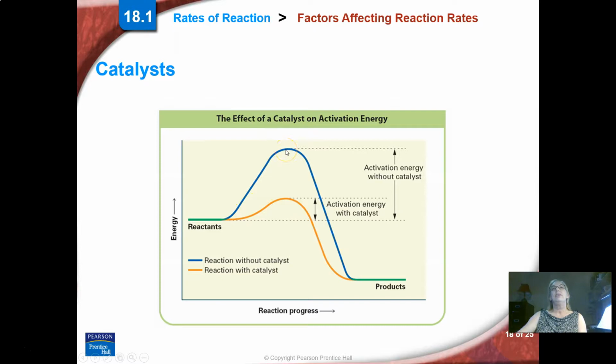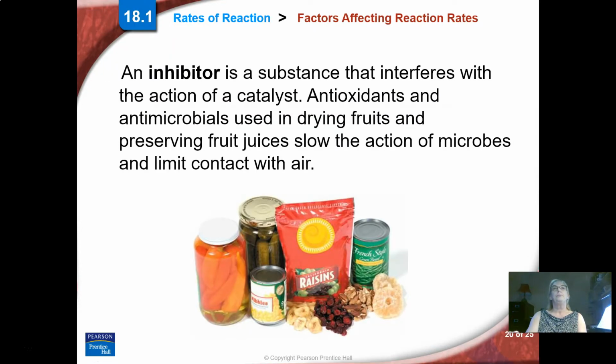It takes a lot more energy, so it affects the rate. Instead of a catalyst, we can put in something called an inhibitor. It's the exact opposite of a catalyst, to slow chemical reactions down. A lot of antioxidants and antimicrobials are put into foods to slow chemical reactions.